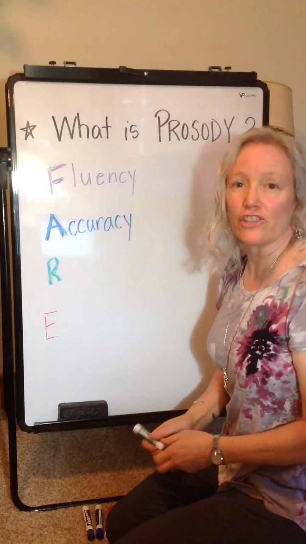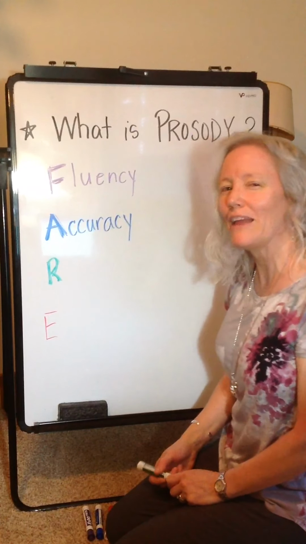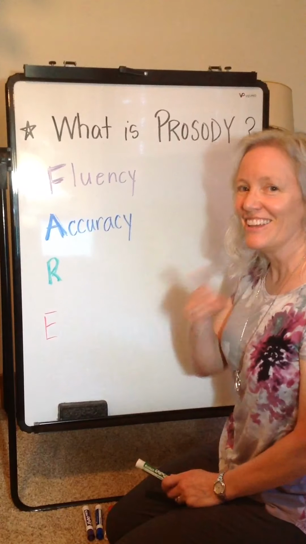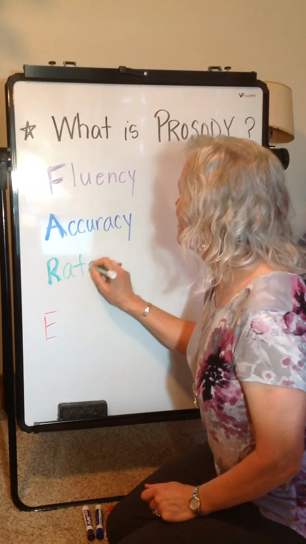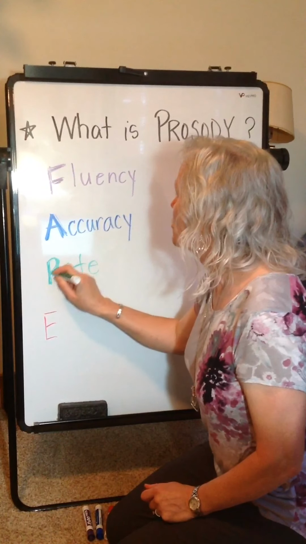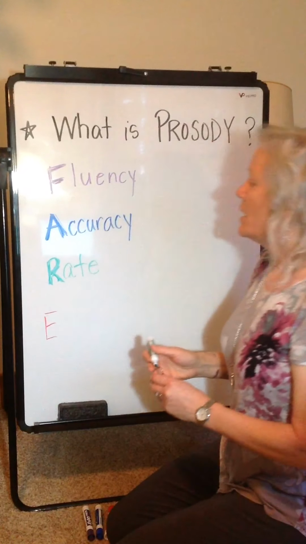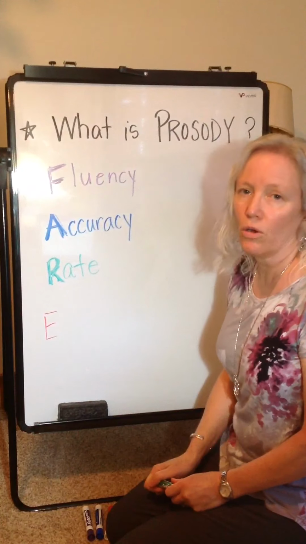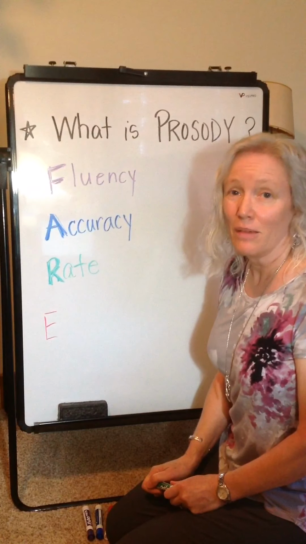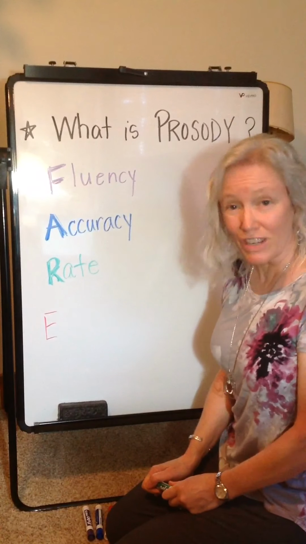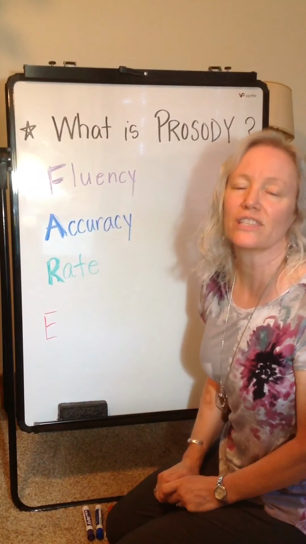If I start talking to you like this, do you think you know what it might be? What might the R be? You got it. It's rate. So R is for rate. Now rate, we don't want to have robo rate, but we also don't want to have speed reader rate. We're reading it like this because you can't understand.